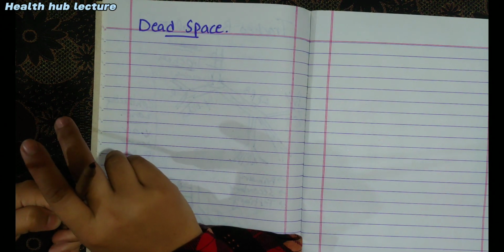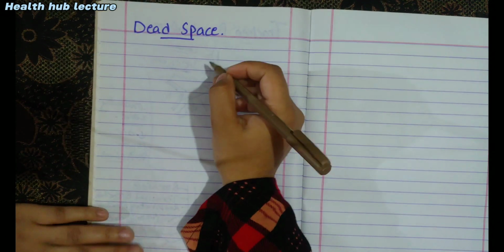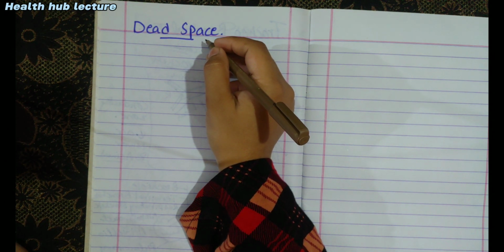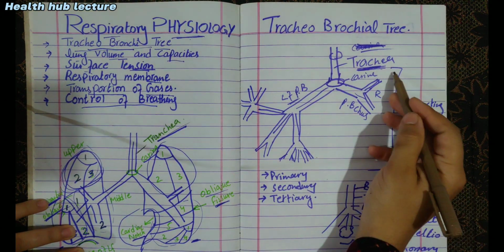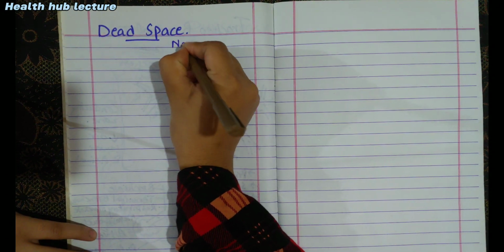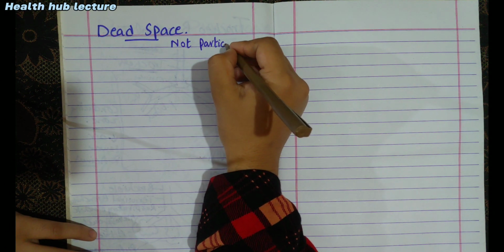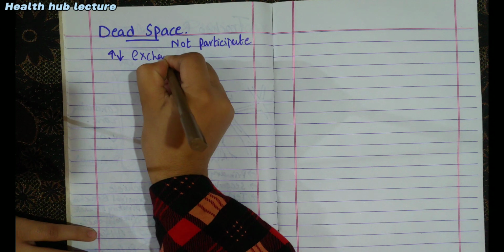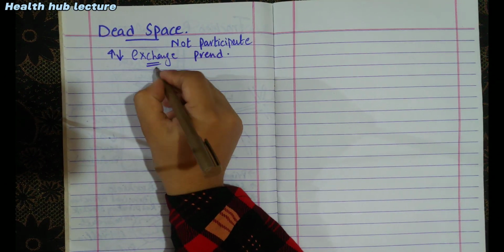The volume of the inhaled air that does not take part in gaseous exchange is called the dead space. It is the fraction of the tidal volume that does not participate in the gaseous exchange, and it is present in the conducting zone.